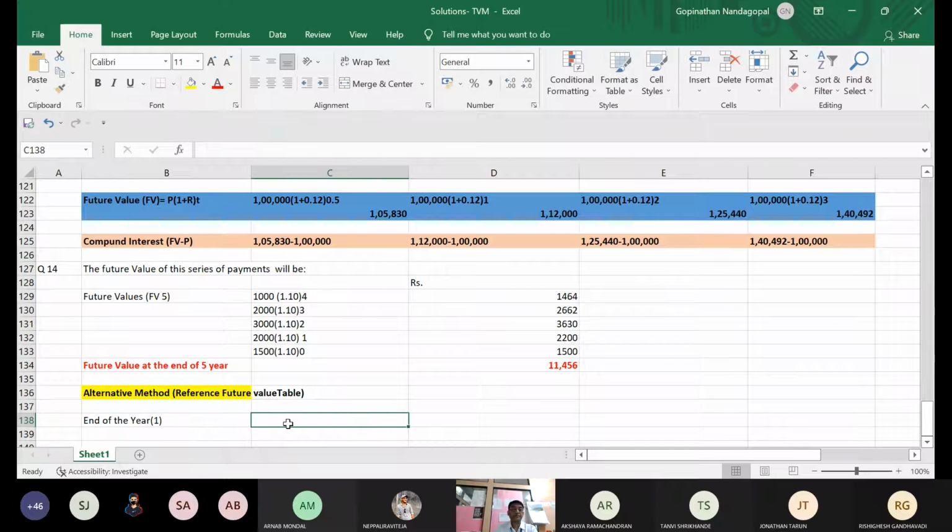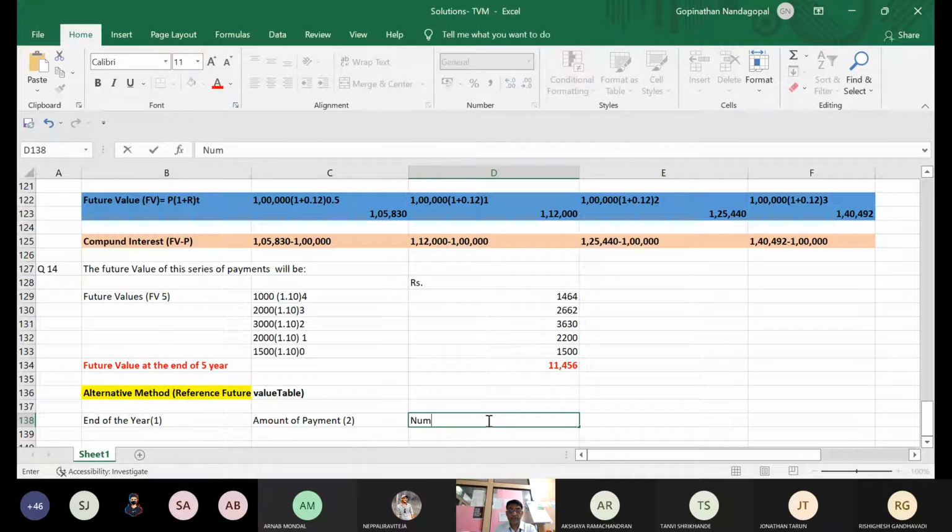The second column, you can take amount of payment. You can call this column 2. Next, the third column, you can take number of years compounded. You will understand now.